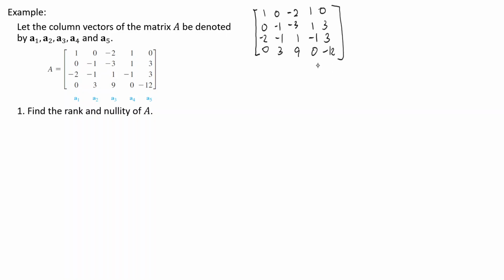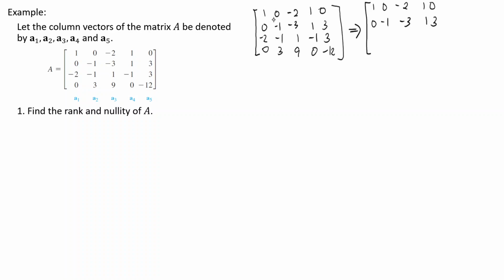Okay, so again, we want a row echelon form equivalent to this matrix. So we'll apply elementary row operations. So let us make this 0 first. So we have 1, 0, negative 2, 1, 0, 0, negative 1, negative 3, 1, 3.